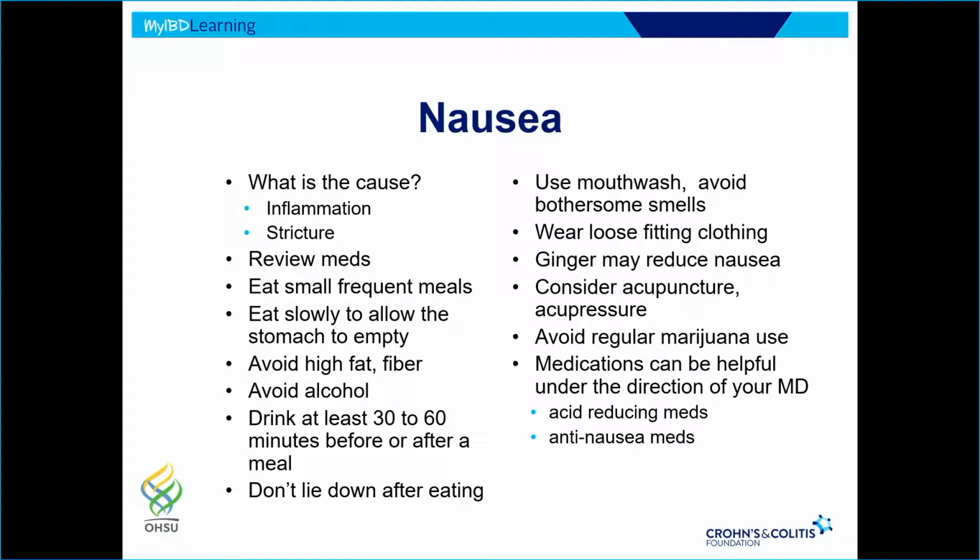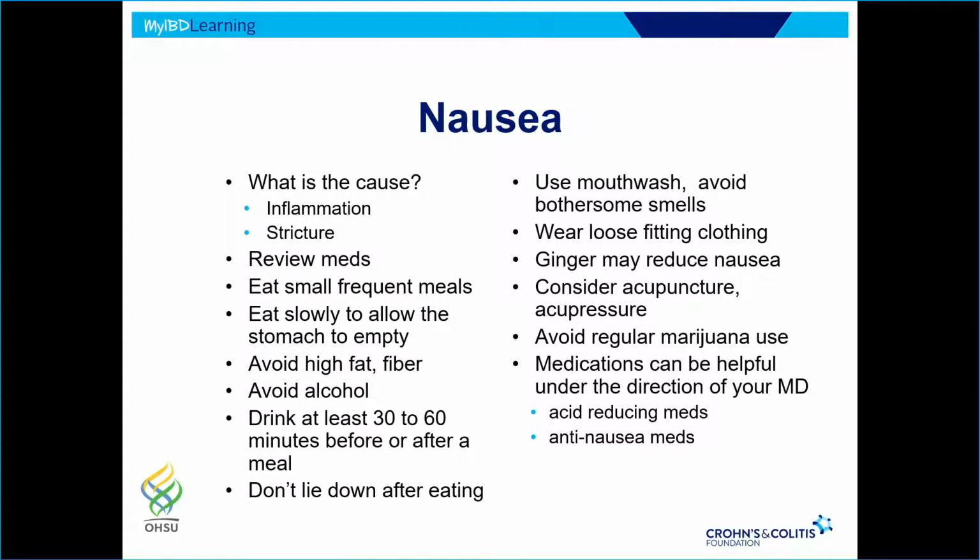And then again, doing some detective work for yourself, trying to potentially eat small, frequent meals, eating slowly to allow your stomach to empty. Avoiding high-fat and high-fiber diets can be helpful because those can delay the stomach from emptying. Alcohol can sometimes be a trigger for nausea. Trying to separate the liquid and solid components of your meals can sometimes be helpful, and trying to avoid lying down after eating.